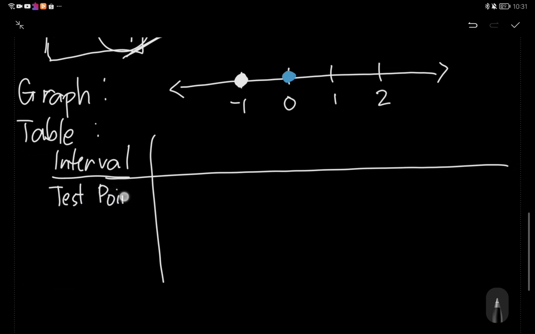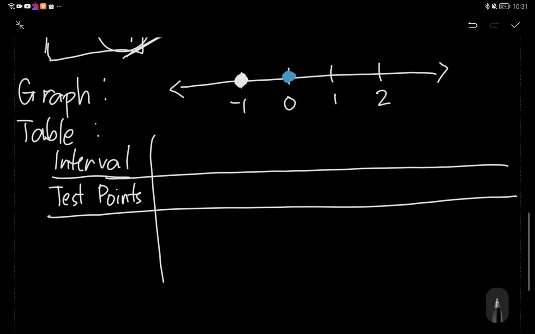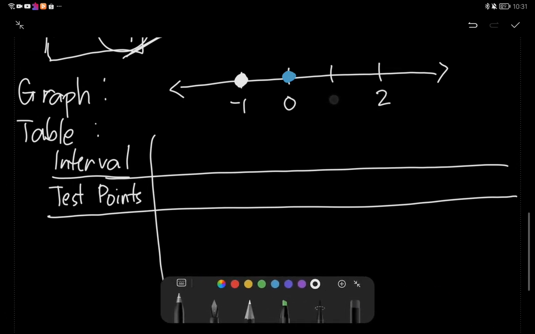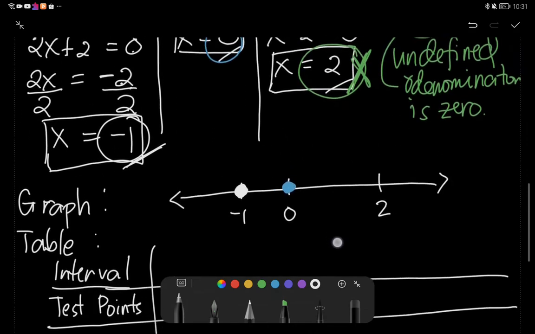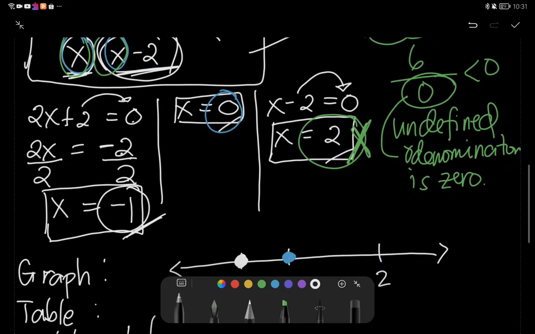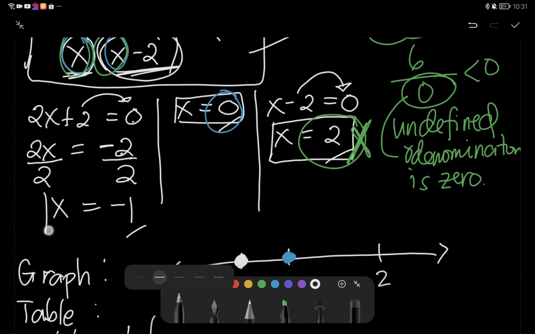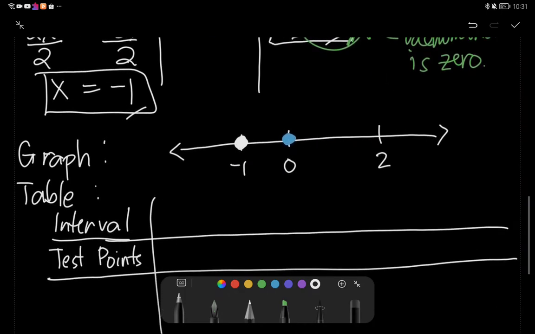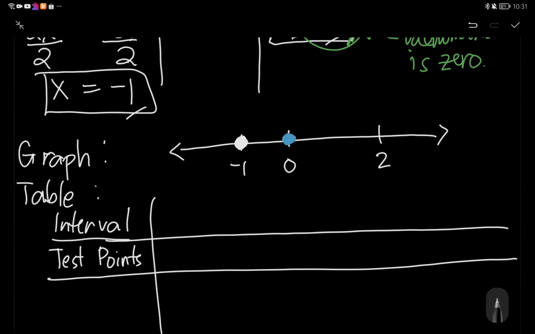But before that, let us first identify the intervals. Okay, let's go back to the graph. We will delete 1 here because it was not mentioned among the three critical values. The critical values are only negative 1, 0, and positive 2. So, only those will we place on the number line.